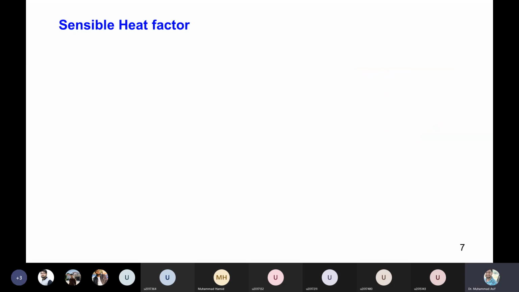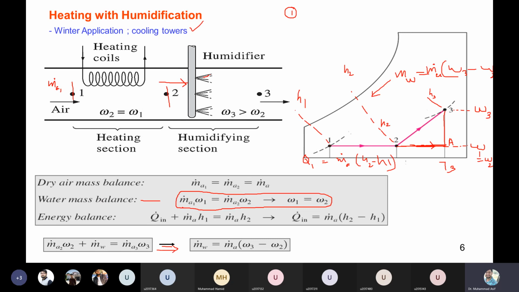As I showed you in the previous slide, the total heat is basically the sum of the sensible heat and the latent heat. Now there is a factor we call the sensible heat factor. This sensible heat factor is a representation of the fraction of the sensible heat in the total heat supplied.